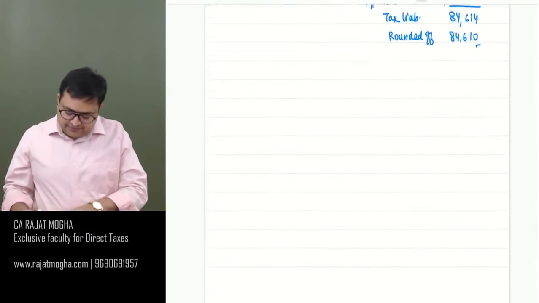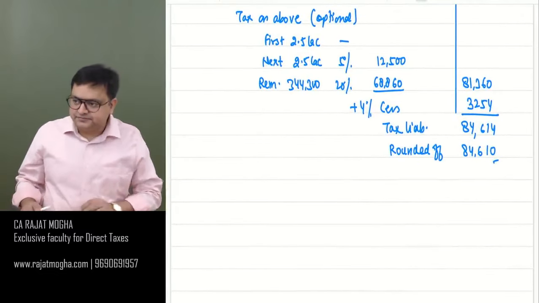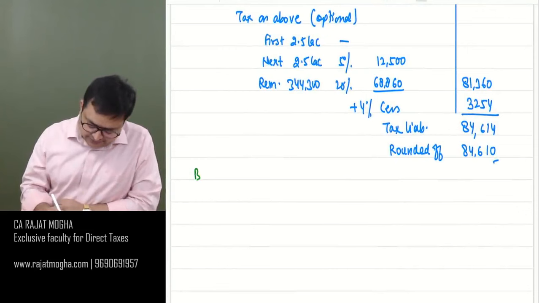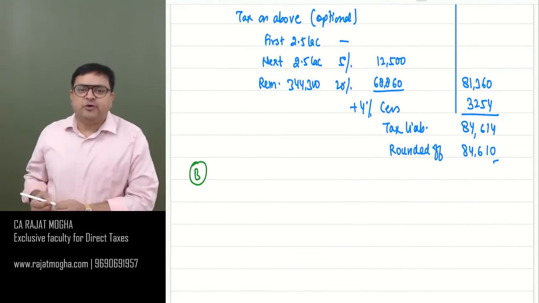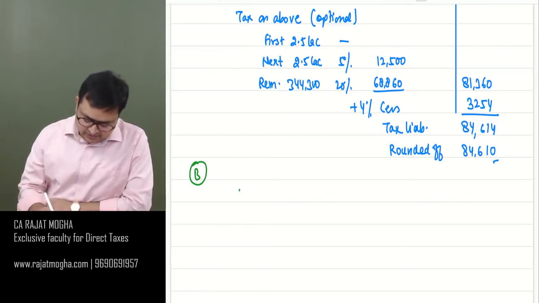Now, I believe everybody has done this. Now let us complete that B point also, where we have to compute our PGBP income as per presumptive basis. We have to calculate total income and tax liability also.